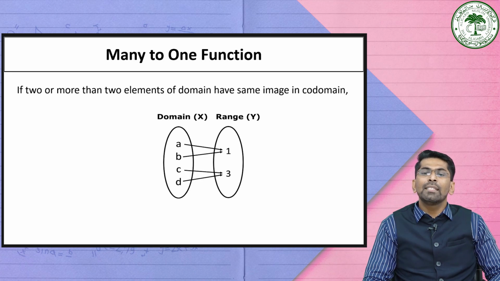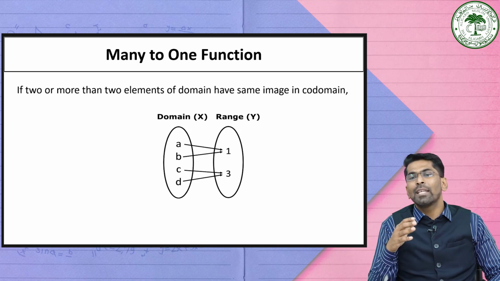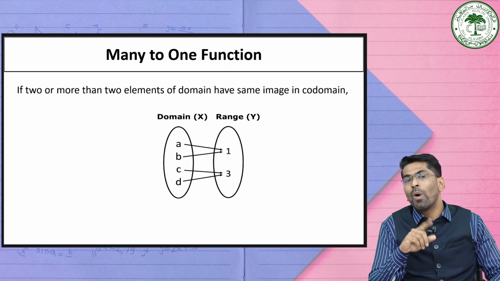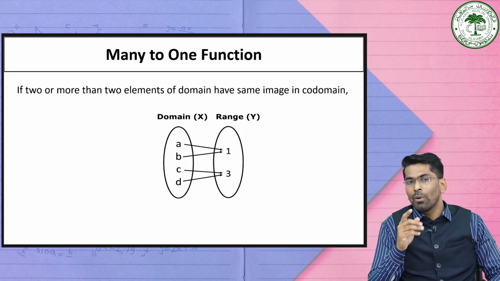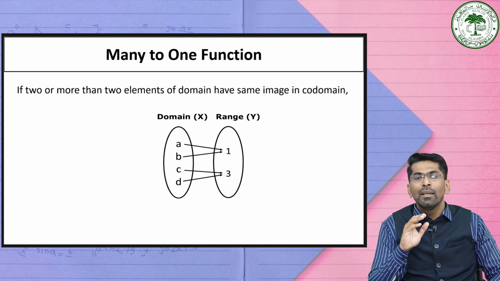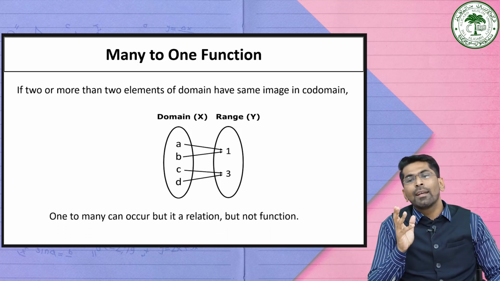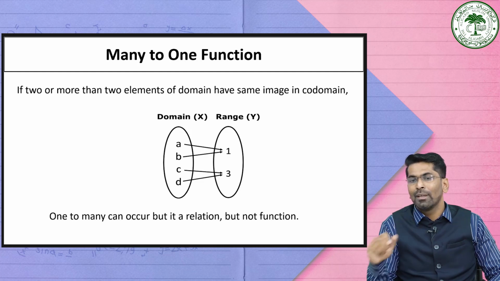While we are discussing many-to-one functions, you may think there is another type of function, that is one-to-many. This is many-to-one, so of course there may be just the opposite of it, that is one-to-many. One-to-many can occur, but it is a relation, it is not a function. Why?